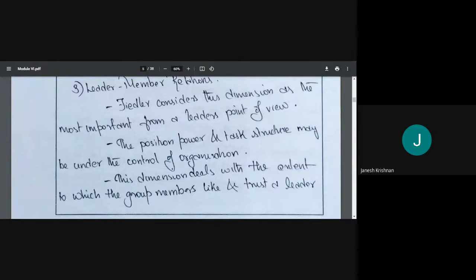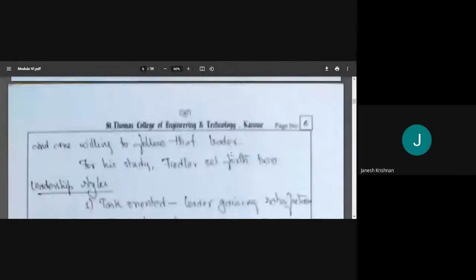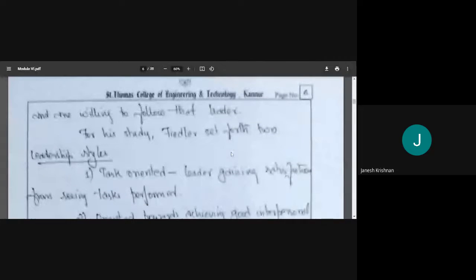How you treat your colleagues, how you treat your subordinates, and what kind of relations you have with them, that will depend upon you. This dimension deals with the extent to which the group members like and trust the leader, and are willing to follow the leader.